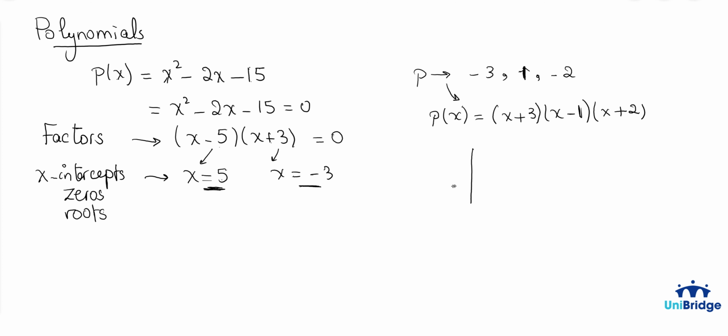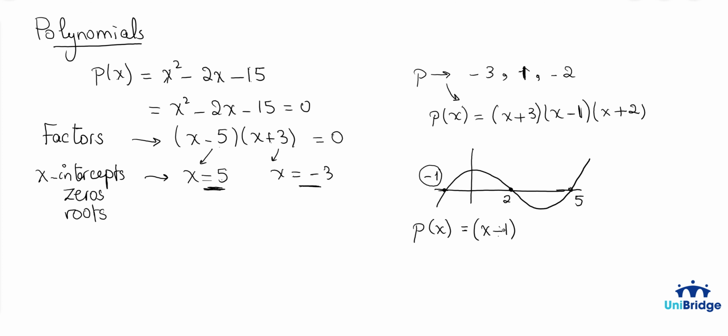In the same sense, if you have a function that is sketched like this, where this is -1, this is 2, and this is 5. These values are the roots, the x-intercepts, or the zeros of the function. If you want to write this function, since it has a root at -1, the factor, the bracket, is going to be x plus 1.